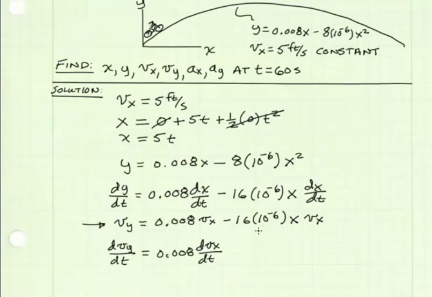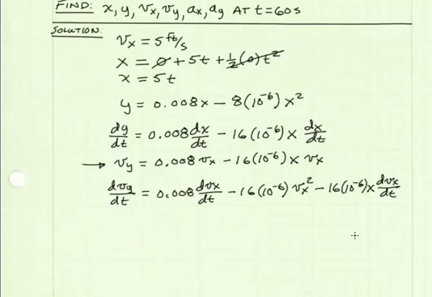So with the product rule, I'm going to take the derivative of the first times the second plus the derivative of the second times the first. So the derivative of the first, minus 16 times 10 to the minus 6. This will be dx dt, which is the velocity in the x direction. And that velocity times this velocity would give me the velocity in the x direction squared. Now, the derivative of the second times the first, 16 times 10 to the minus 6th x, and this would be dVx dt.